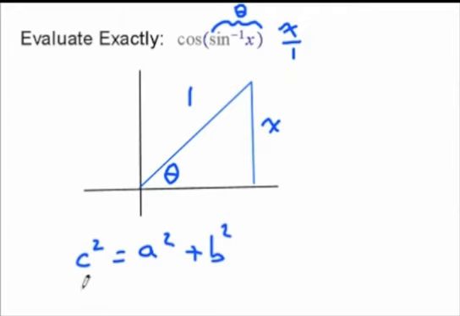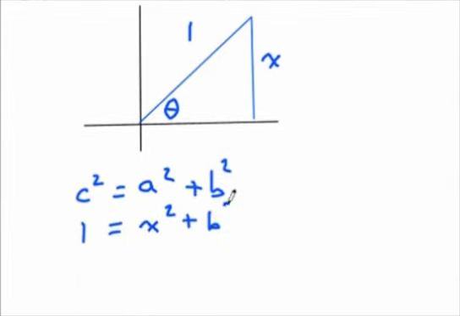In this case, c is 1, and 1 squared is 1. We can let a be x squared, and what we're looking for is that third side. So this becomes 1 minus x squared equals b squared. Then we square root both sides, so this third side is going to be the square root of 1 minus x squared.